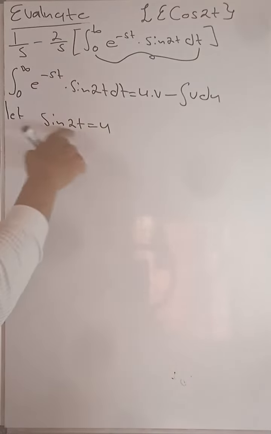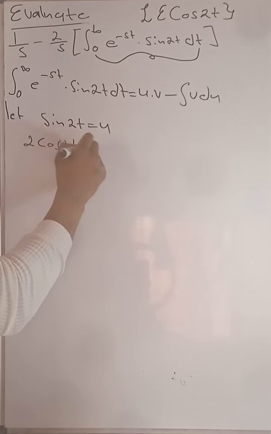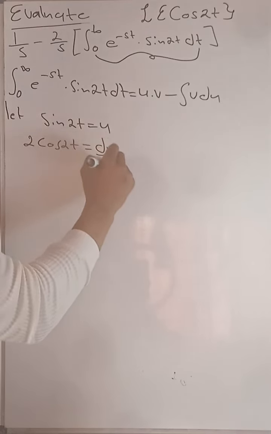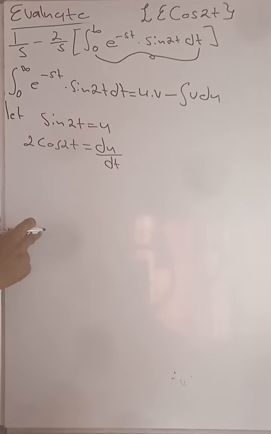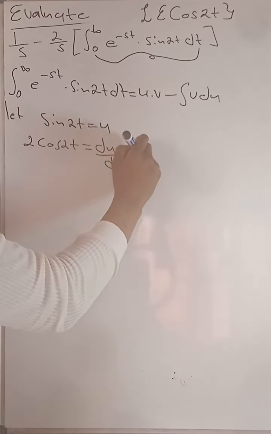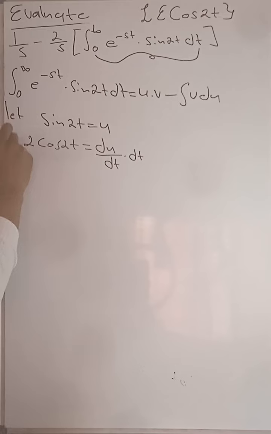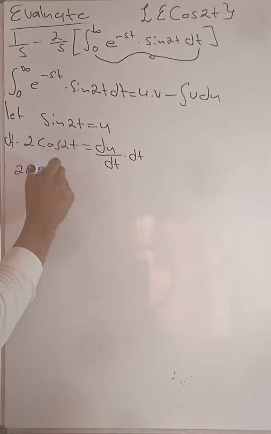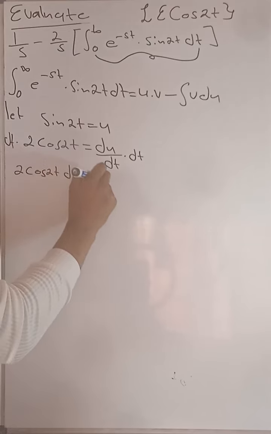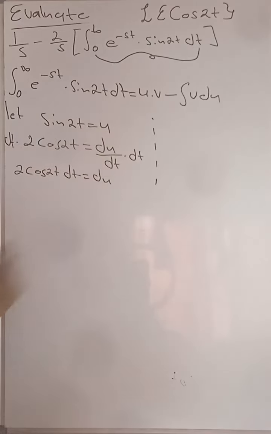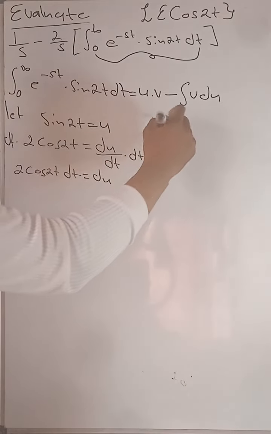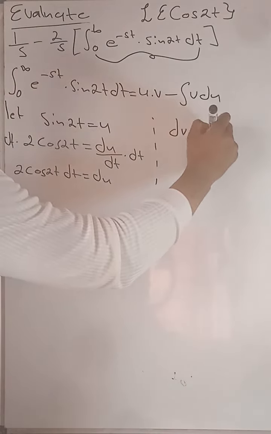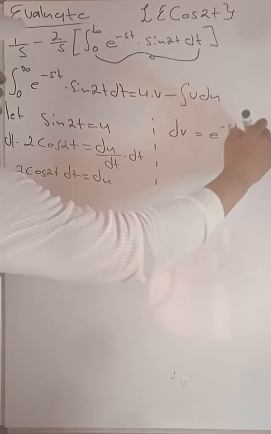If I differentiate this, it will give me 2 cos 2t, which is du over dt. If I want to make du my subject, I'll multiply by dt both sides. So I'll have 2 cos 2t dt equals du. But for dv, it will be equal to e^(-st) dt.